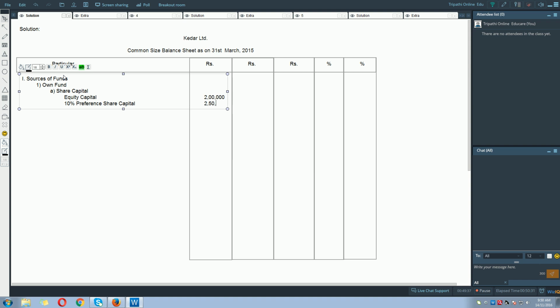First will be sources of funds, and under this we will write own fund, then share capital: equity capital ₹2 lakhs, preference share capital 2,50,000.